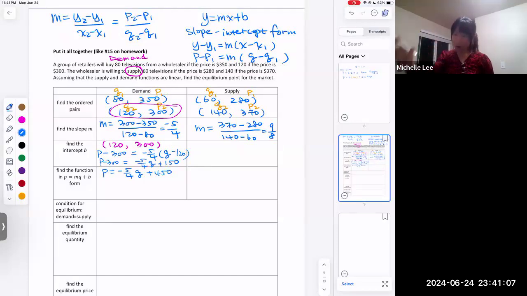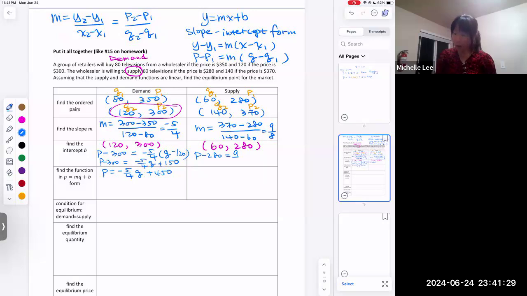Okay, now the supply, same thing. Let's pick 60 and 280. We can pick any. So it will be p minus 280 equals the slope 9/8 times q minus 60.